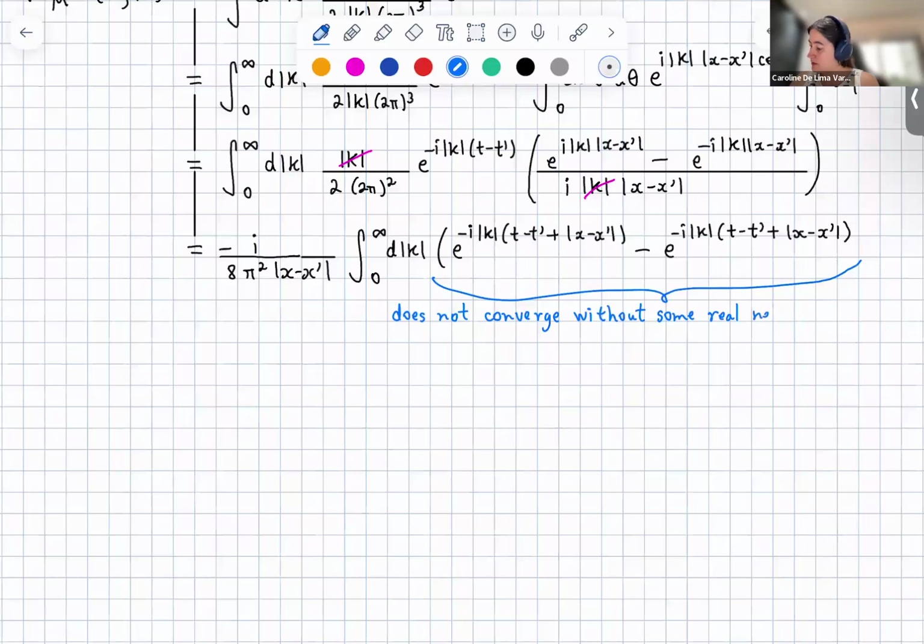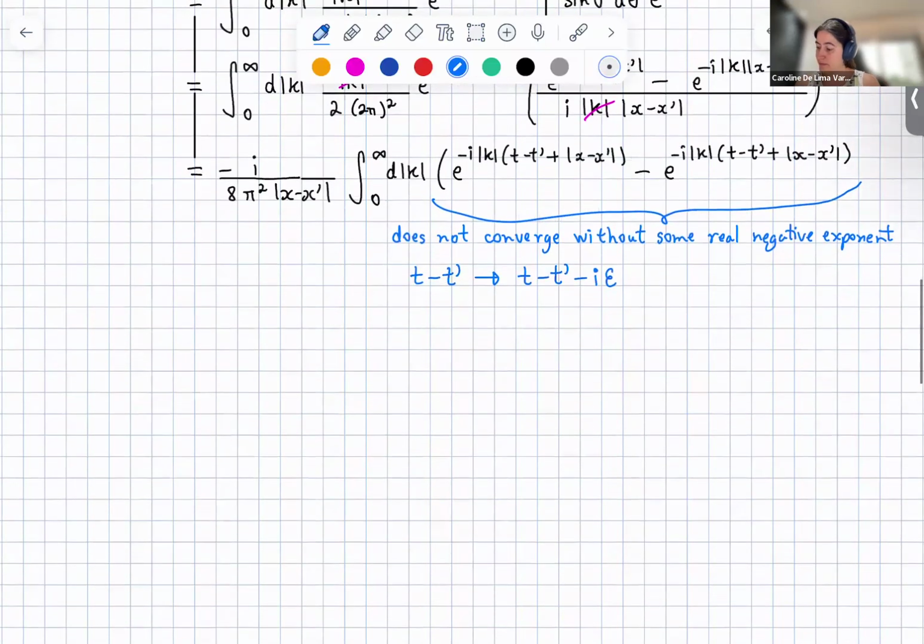So what are we going to do? We're going to actually analytically continue this. So we're going to take t minus t prime to t minus t prime minus i epsilon. And this epsilon is going to be some real positive number, okay? Very small.